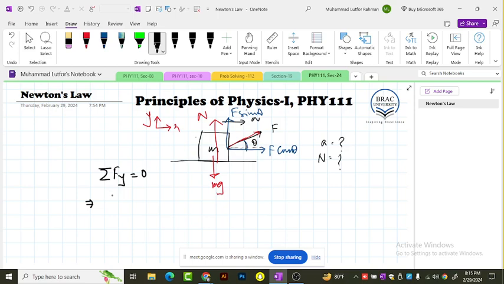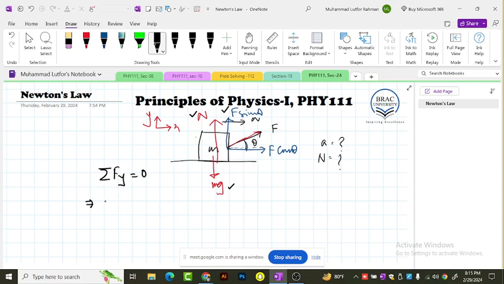Now if you look at the forces along the y direction, there are three forces. One is N towards the positive y direction, one is F sin theta, a component of F, also towards the positive y direction, and another is mg, towards the negative y direction.